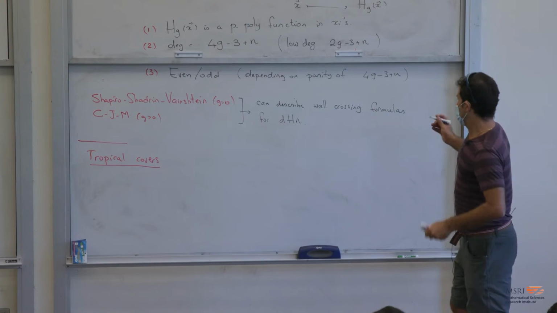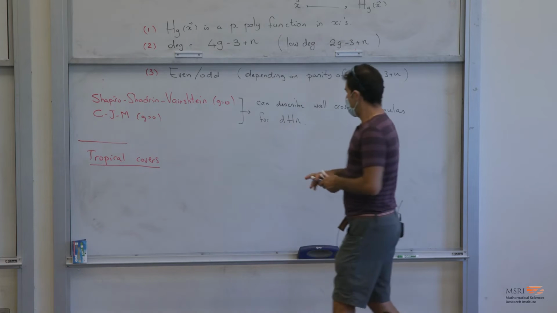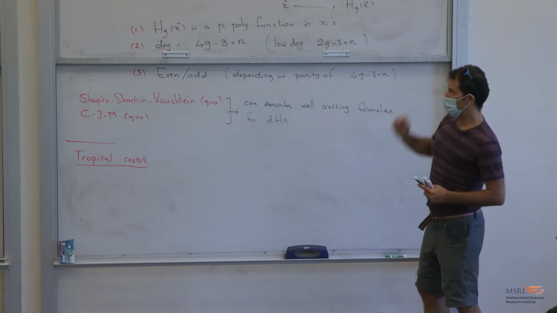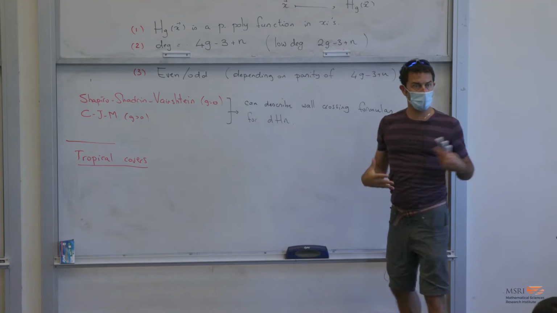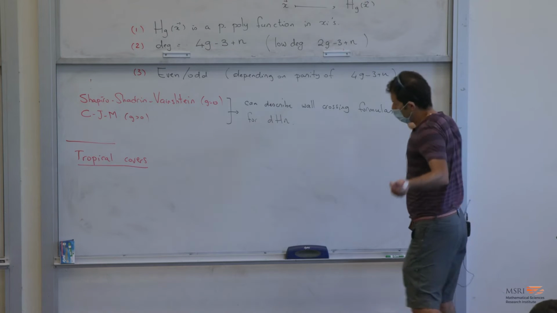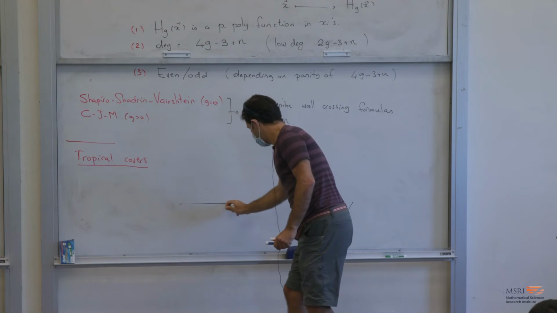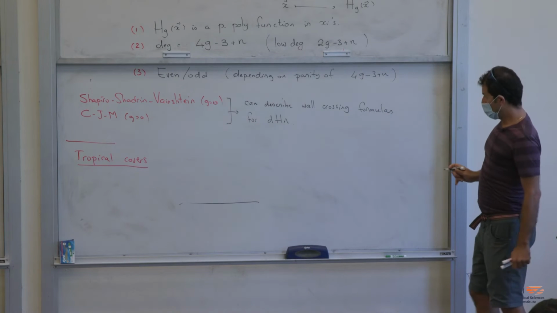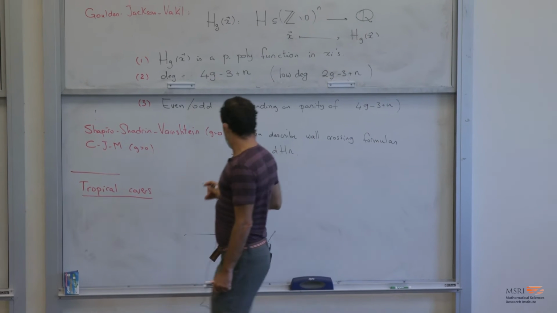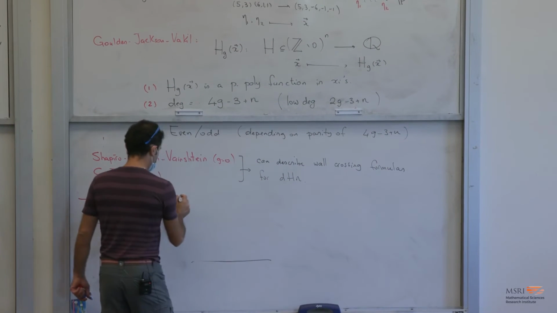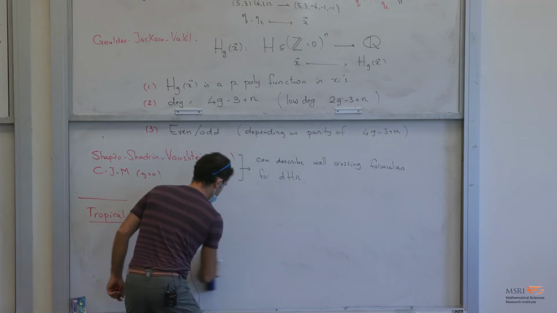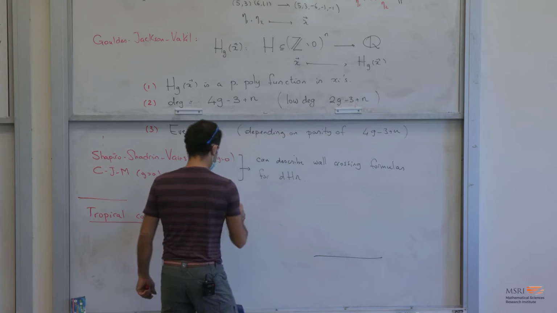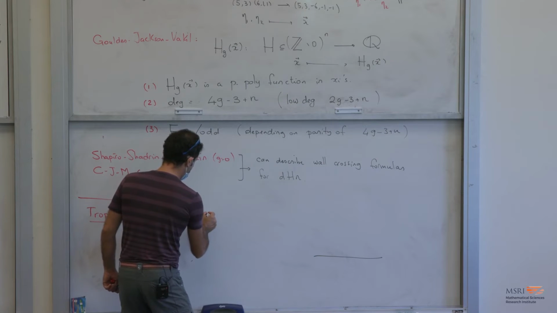So back in the day, she said, okay, well, P1 with two special points should really be replaced by a copy of R. And a curve of genus g should be replaced by some sort of tropical curve.